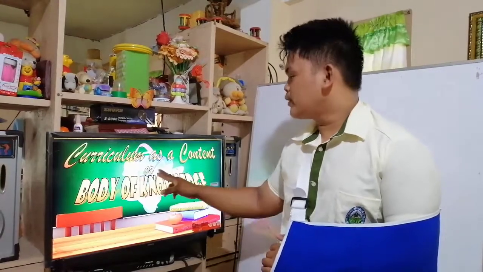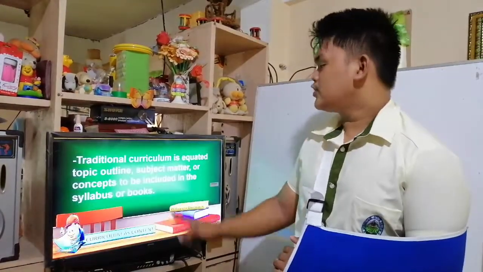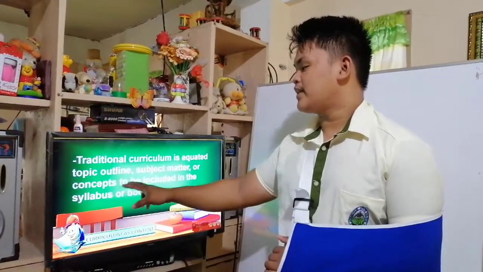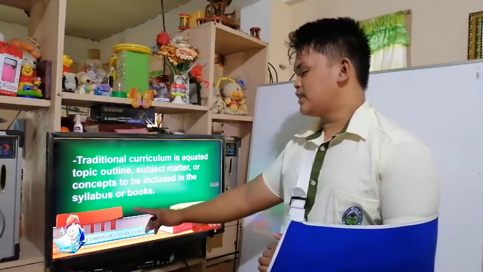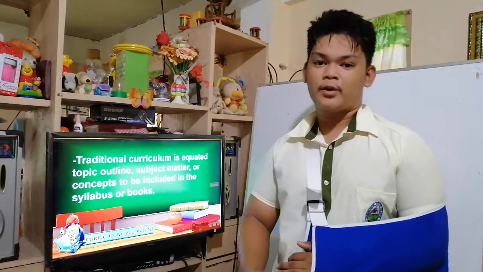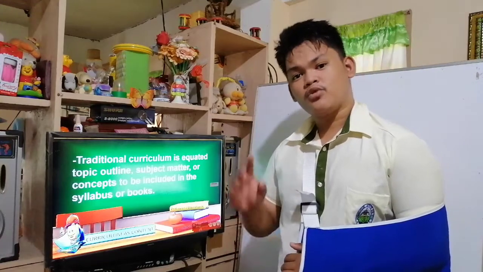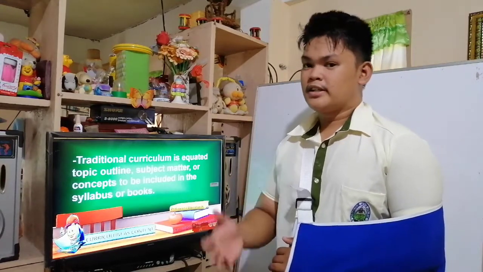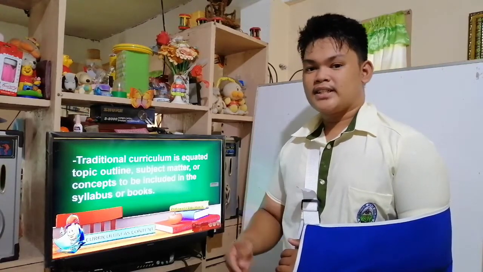Our first topic is the curriculum as the content or body of knowledge. Traditional curriculum is equated to topic outline, subject matter, or concepts to be included in the syllabus or books. Take for example, in mathematics subjects, the topics included are addition, subtraction, multiplication, division, measuring weight and distance, and many more.